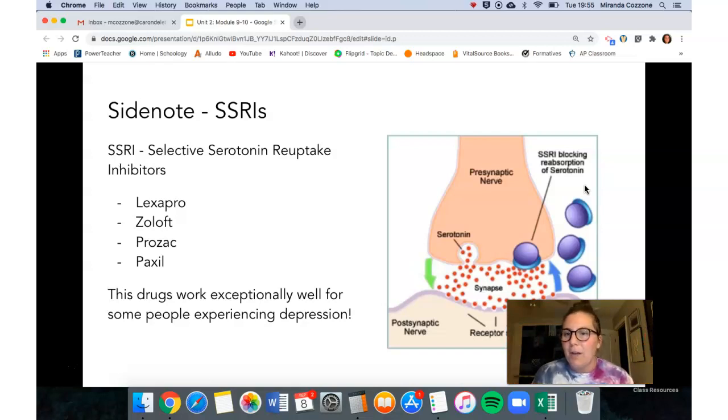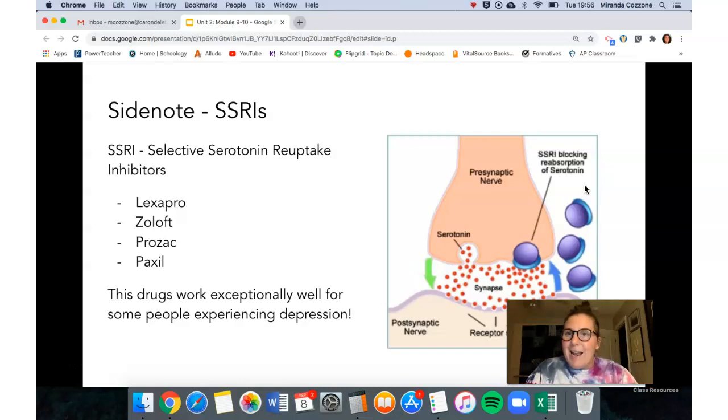So Prozac, Zoloft, Lexapro, Paxil, these drugs are SSRIs. In other words, they help by blocking the reabsorption of serotonin. That way, serotonin is able to exist in that synapse for a little bit longer and pass it on a little bit more to the next neuron.